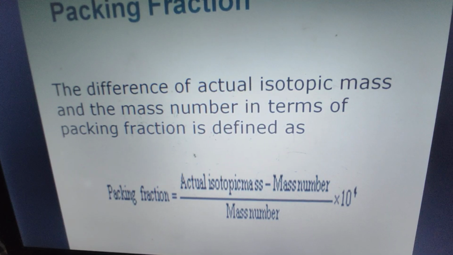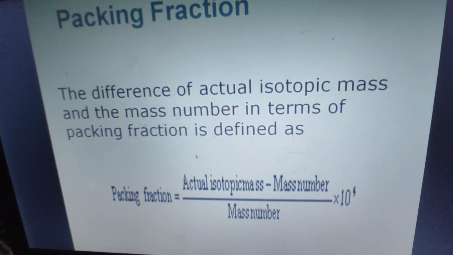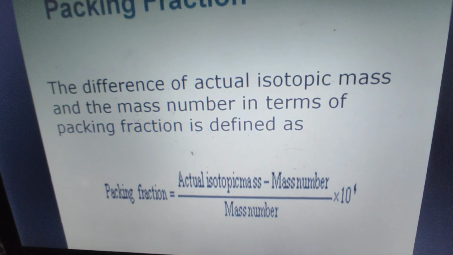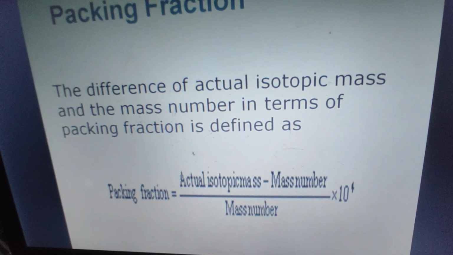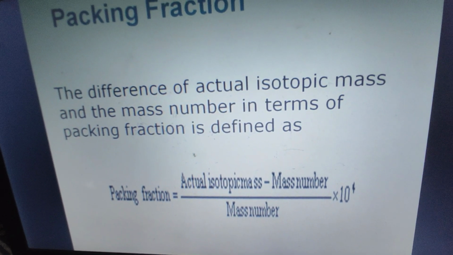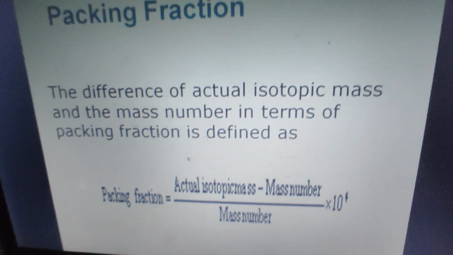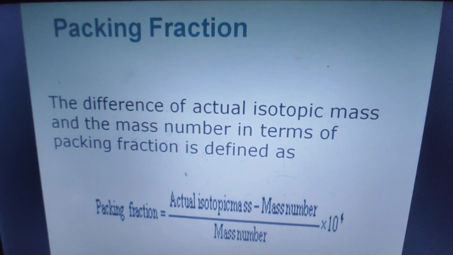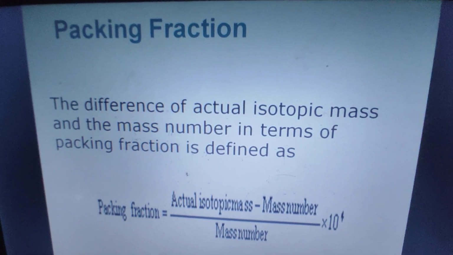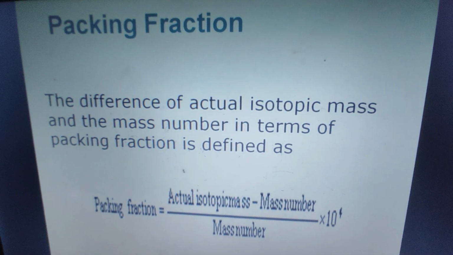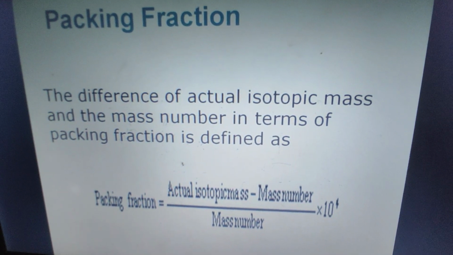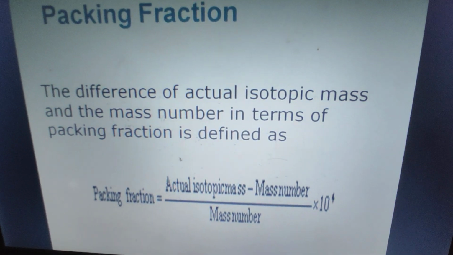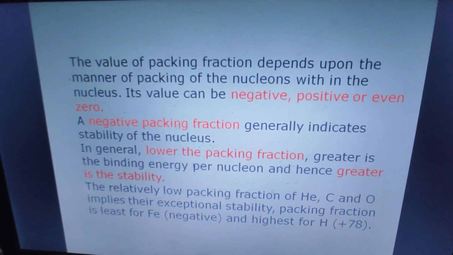For example, carbon, hydrogen and nitrogen have different isotopic atoms. Based on that, you can easily determine the packing fraction by taking the difference between isotopic mass and mass number and substituting those values in this equation.